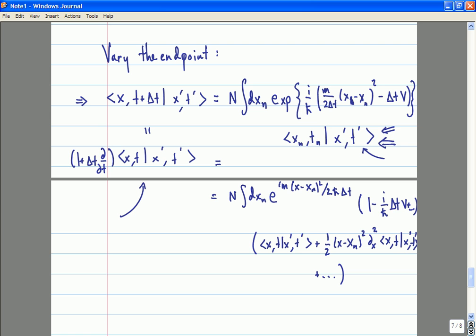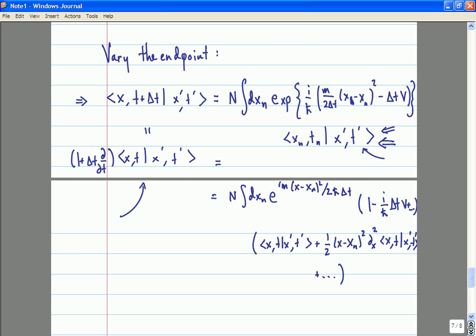So I'm expanding in derivatives with respect to x of that propagator. And t_n, of course, is another name for t. Remember our notation. Good. Okay. Now we're done. All we need to do is do some integrals.